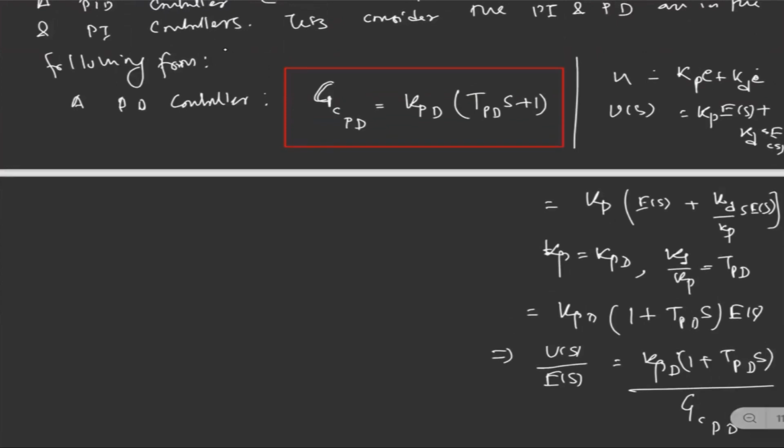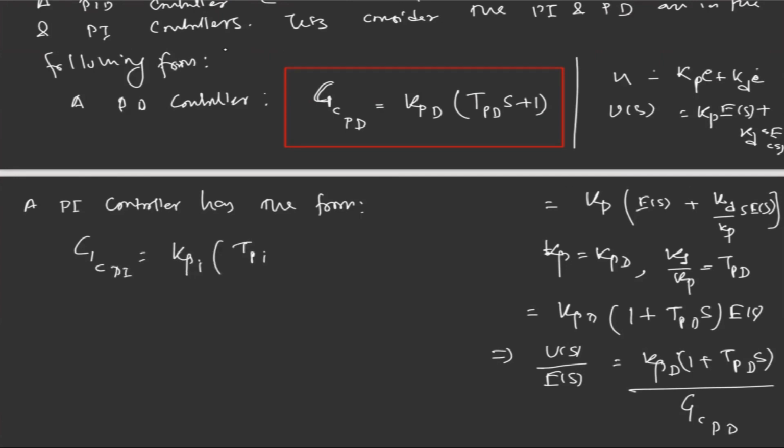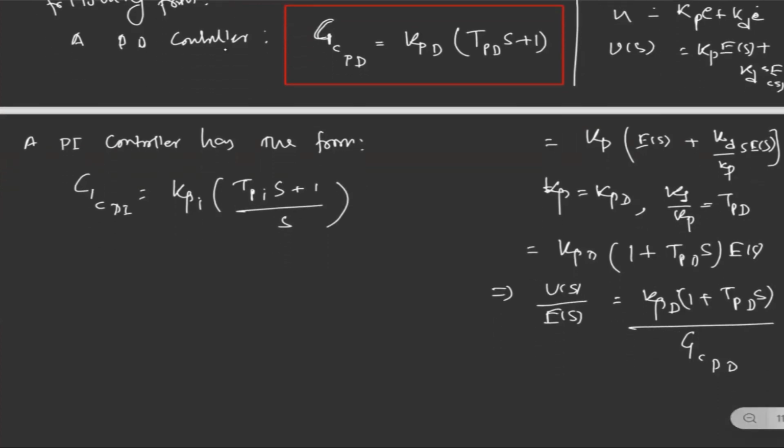Now let's consider, in a similar way, the PI controller in the form GCPI equal to KPI into TPI, the time constant, S plus 1 divided by S. In a similar way you can proceed and we can find this structure.